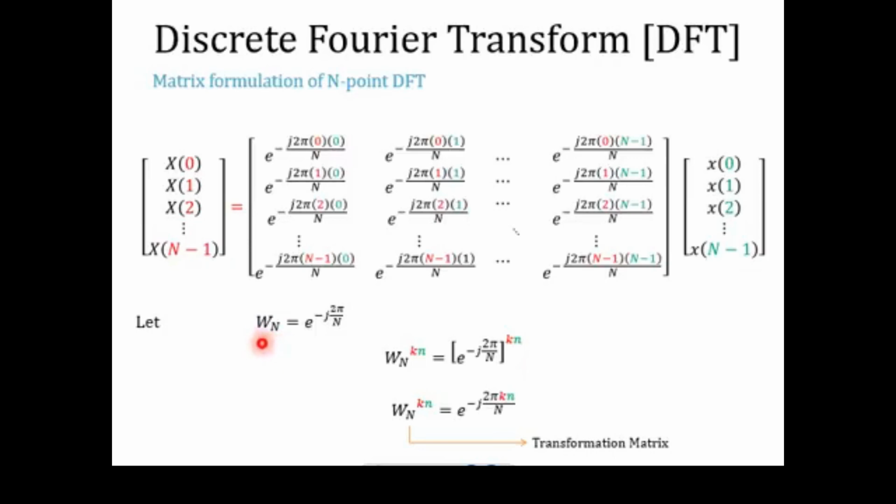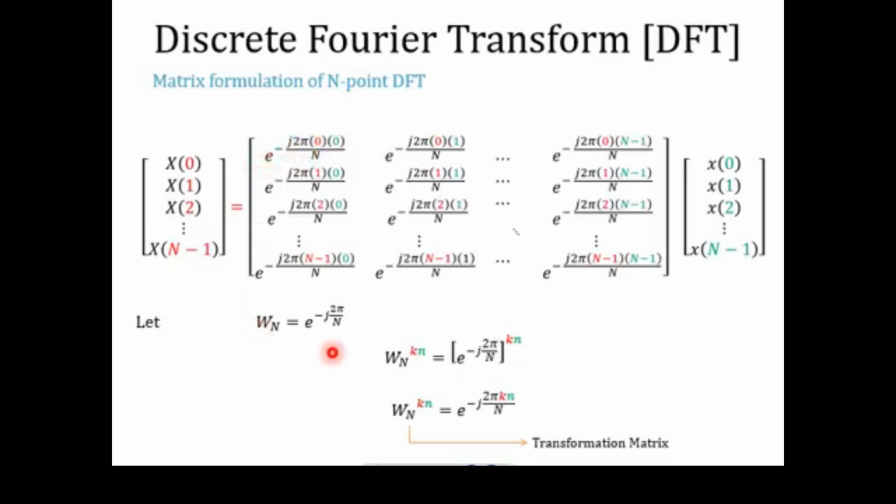So mathematically wn is equivalent to exponential minus j 2 pi over n. It is just a step towards simplification, nothing else. So in the next slide, this exponential minus j 2 pi over n, which is written with a black color, will be replaced by wn.